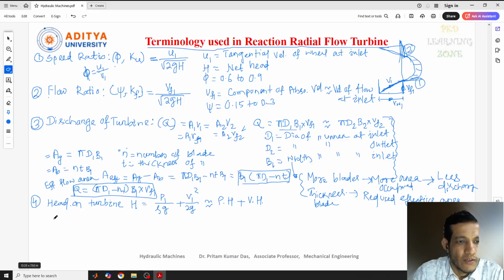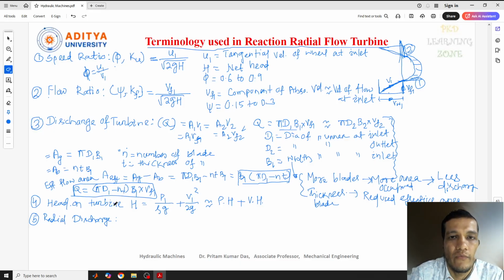Similarly, sometimes a radial discharge will be given. In the questions it will be stated, let's consider that the discharge of the fluid is radial.